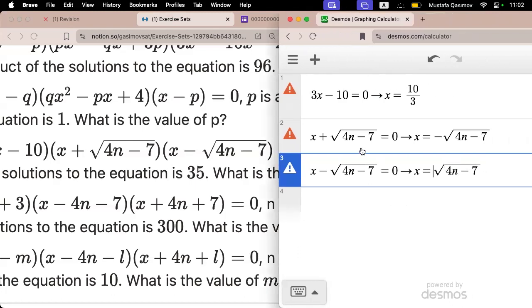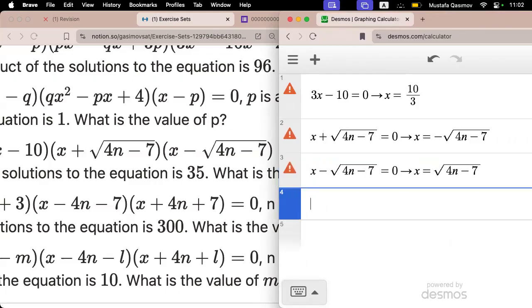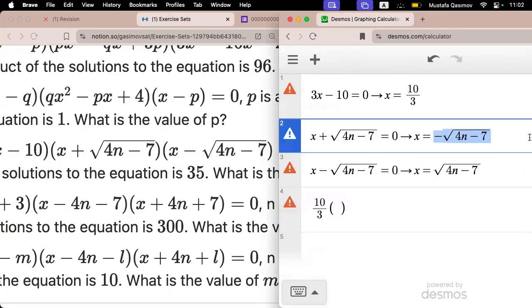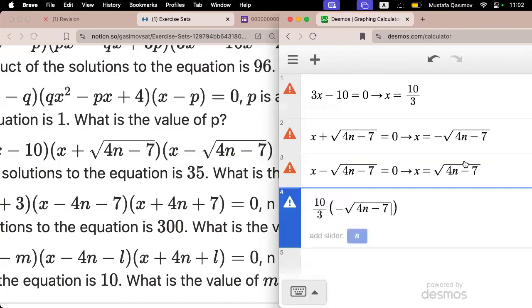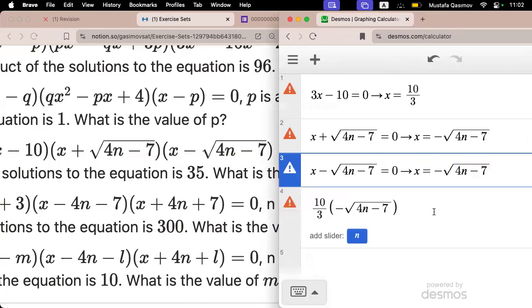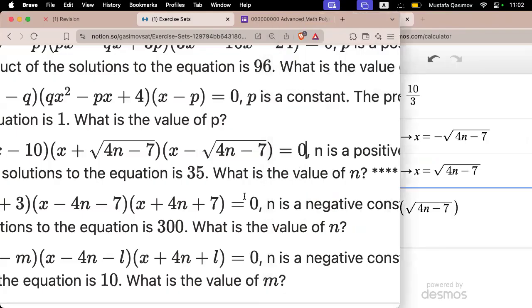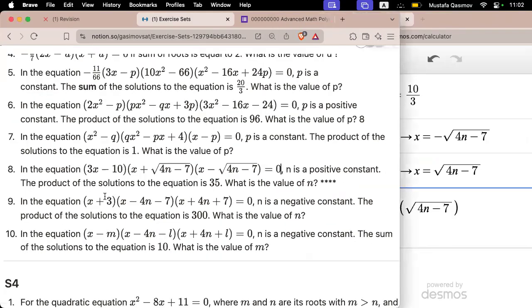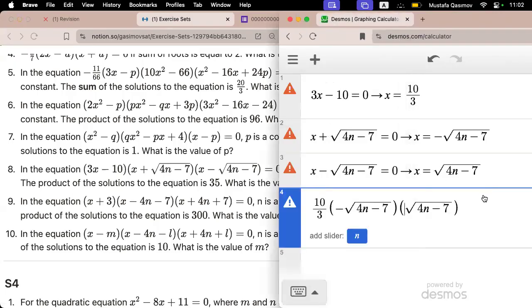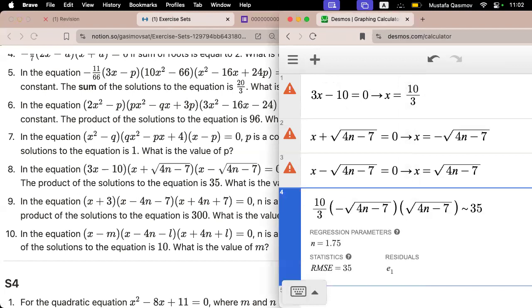We just make all brackets equal to 0 separately, and we find the value of x. 10 over 3 multiplied by that one and this one, because n is a positive constant and the product of solutions is equal to 35. It's equal to 35. n is equal to 1.75.